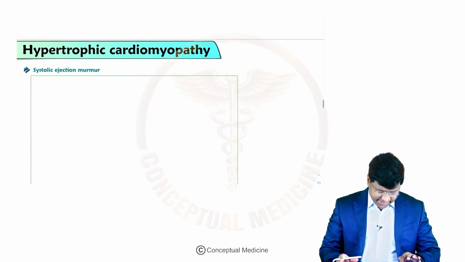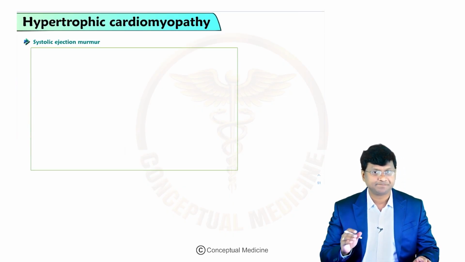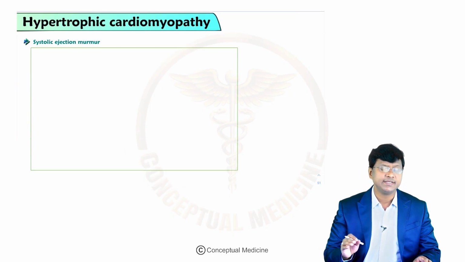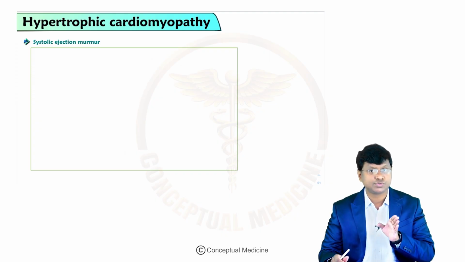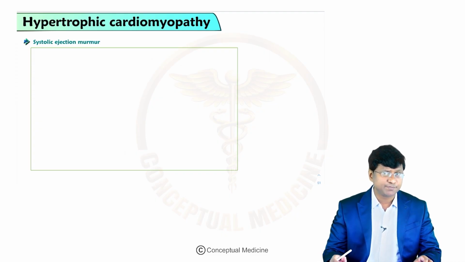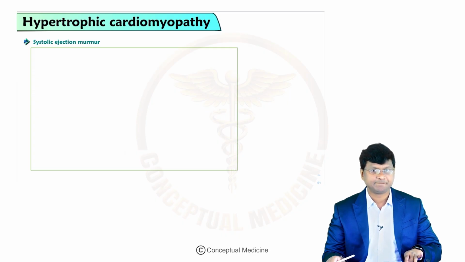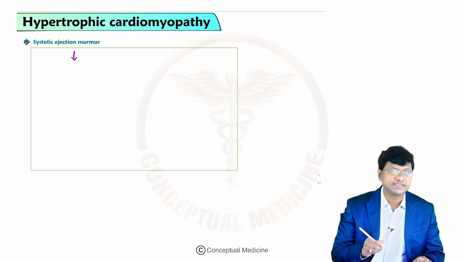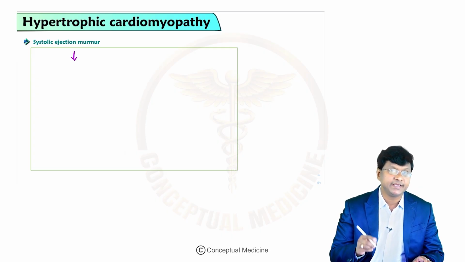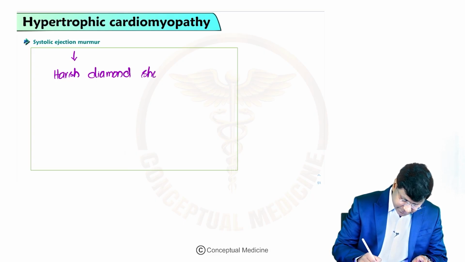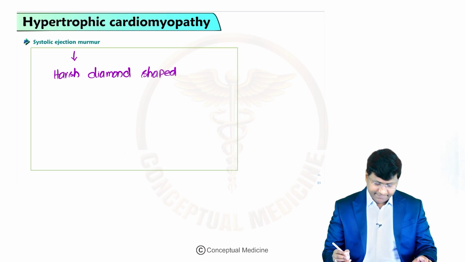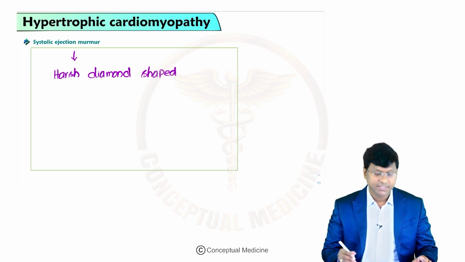Now, let me discuss in detail this ejection systolic murmur. In HOCM during systole, the blood flows through the narrowed outflow tract, and this produces the systolic ejection murmur. It is typically a harsh diamond-shaped murmur.